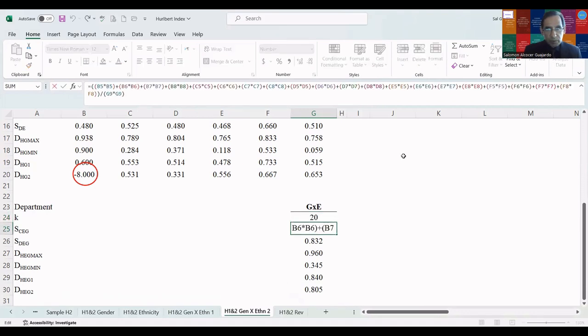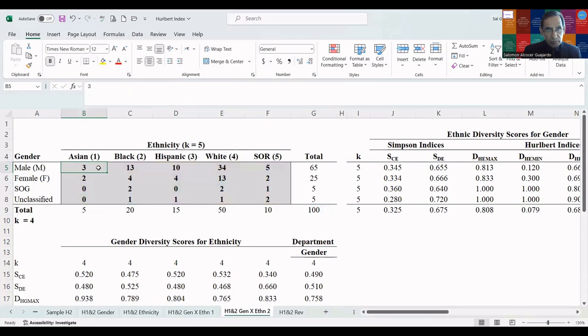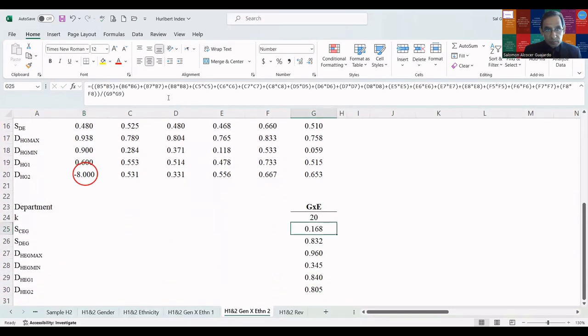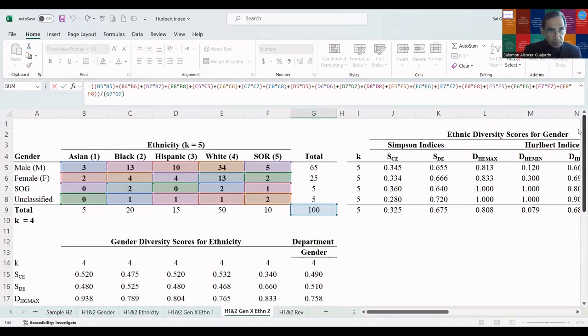Rather than using the power function in Excel, I multiplied each frequency by itself. So for example, for the number of Asian males, it was parentheses, B5 times B5 in parentheses.